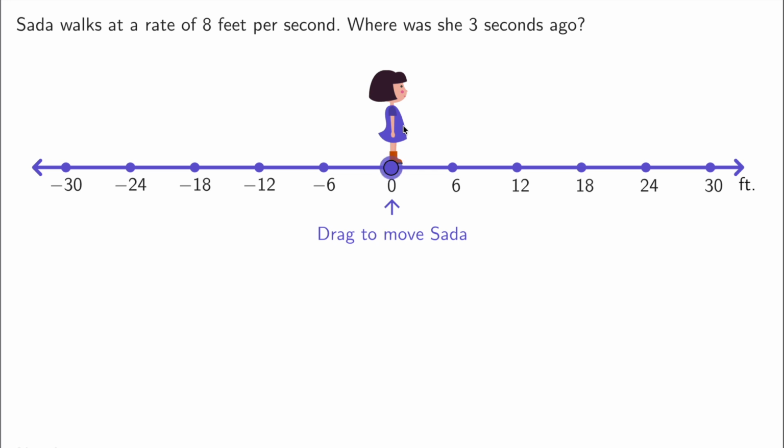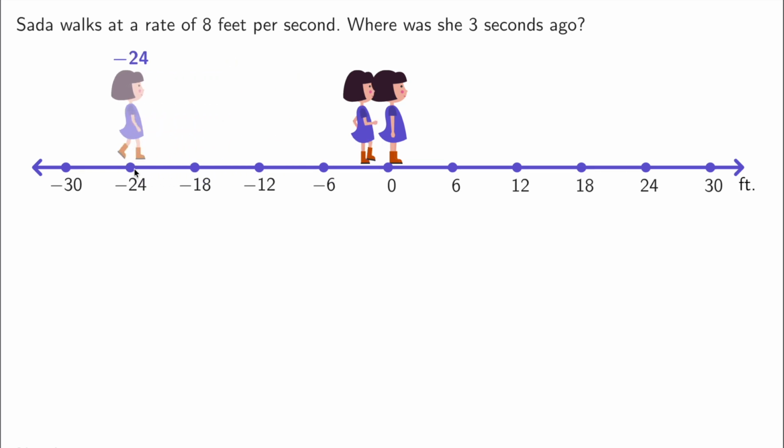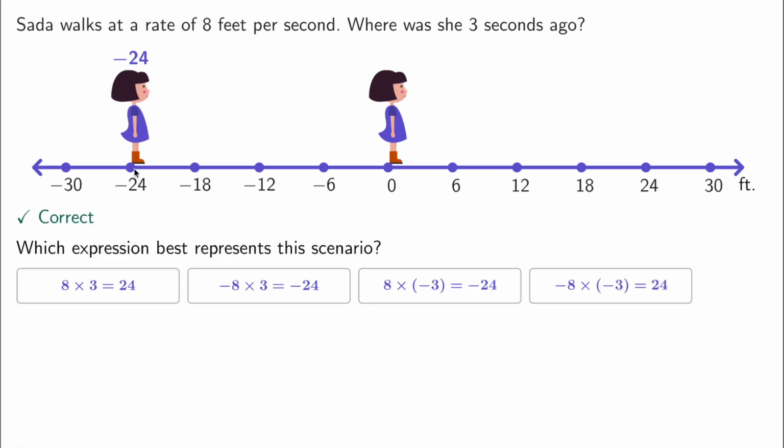A negative time. We are going back in time. So it will be 8 into minus 3. So yes, 3 seconds ago she was at minus 24, so that after 3 seconds she will reach 0.